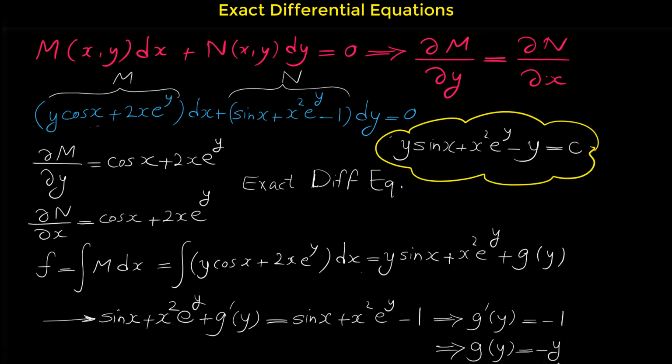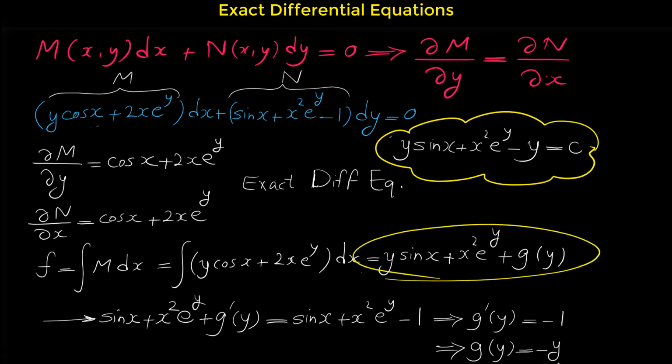Let's review the process of finding the solution of an exact differential equation. The first step is to integrate M, the coefficient of dx, with respect to x. So first here we are finding the integral of M, which in this example is this expression, with respect to x.